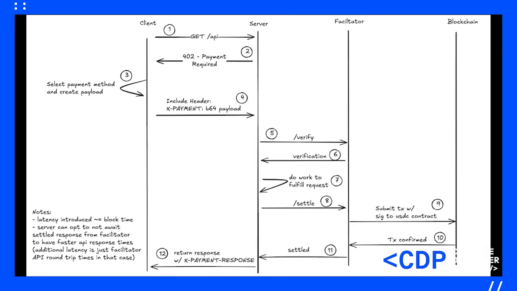Similarly to how you can stand up a web server anywhere in the world, and every other client and every other server is able to talk to your server without there being some central registry or anything else that needs to go on. So this lays out things very clearly. It's sort of like a two-phase request flow. In the first part, the client requests an API endpoint that they might have to pay for, and the server says you got to pay for it and gives you the details of how to pay for it.